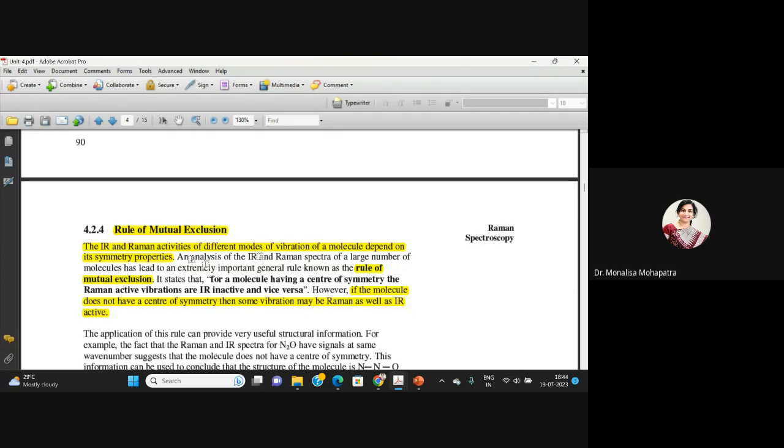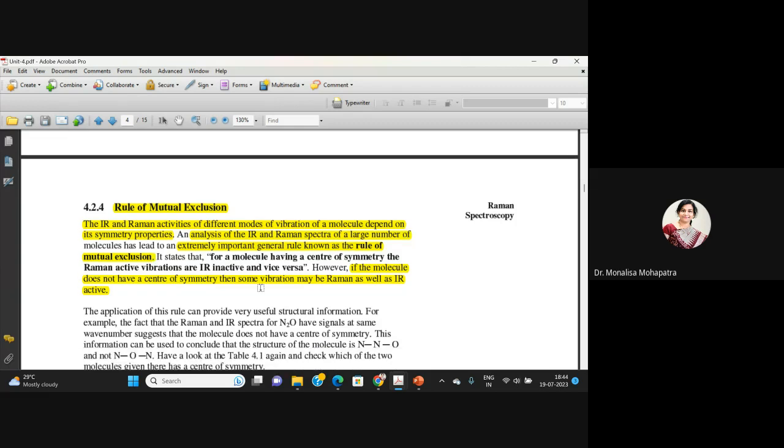The analysis of IR and Raman spectra of a large number of molecules has led to an extremely important general rule known as the rule of mutual exclusion, which states that for a molecule having a center of symmetry, the Raman active vibrations are IR inactive and IR active vibrations are Raman inactive.